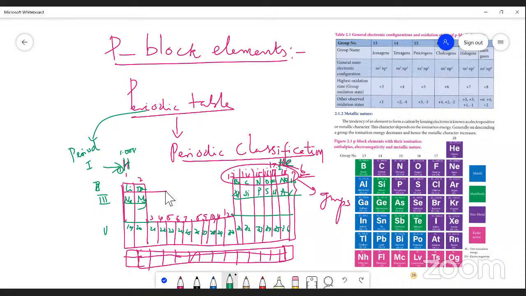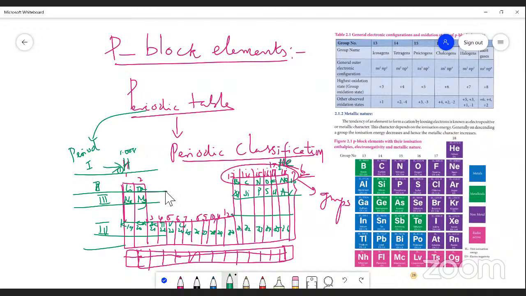Please understand this: first period, second period, third period, fourth period. 19 is potassium. Then calcium, scandium, titanium, vanadium, chromium and so on.